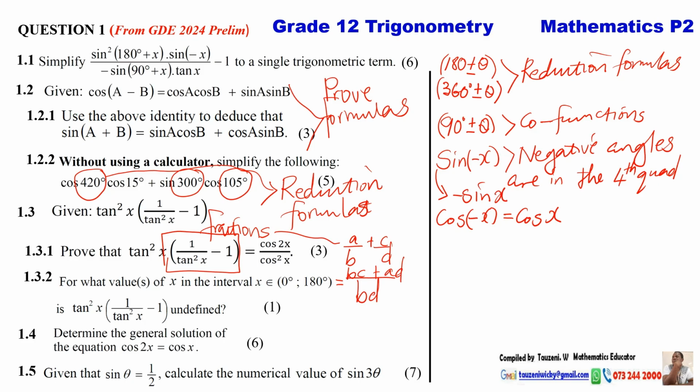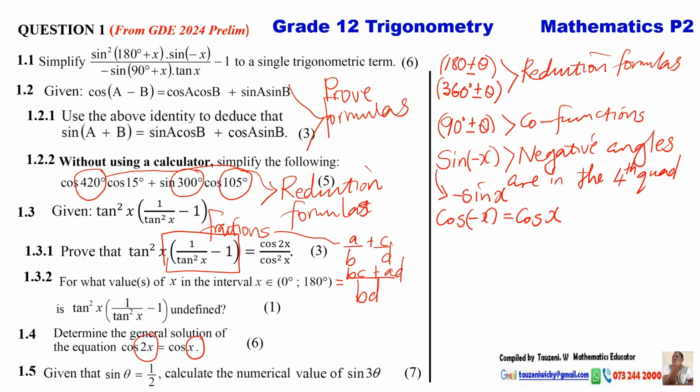Then number 1.4, another very common question, general solutions. When you are solving a trigonometric equation, make sure that these angles are the same. You must have x throughout or 2x throughout. The size of the angle must be the same.